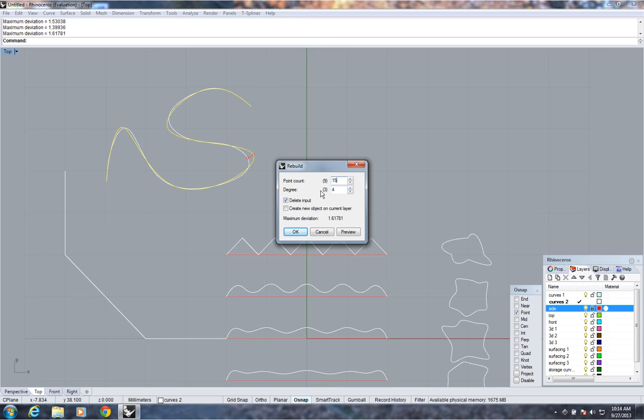You increase the degree, each point has less of its own individual power over the curve. All the points are kind of bleeding into each other. So the higher the degree of curvature, the higher the number of points. If I want this to stay close to what it was as a third degree curve, I'm going to have to nearly double those points. See? There's still going to be a difference.